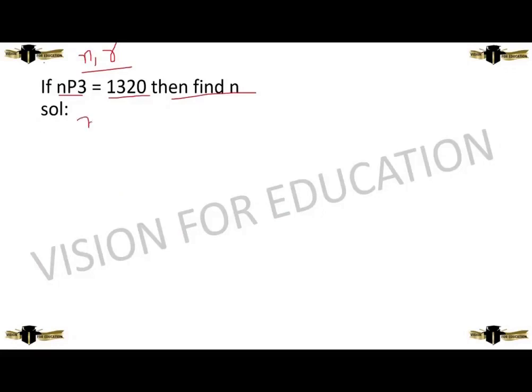Coming to our formula, n factorial is n into n minus 1 into n minus 2 into n minus 3.